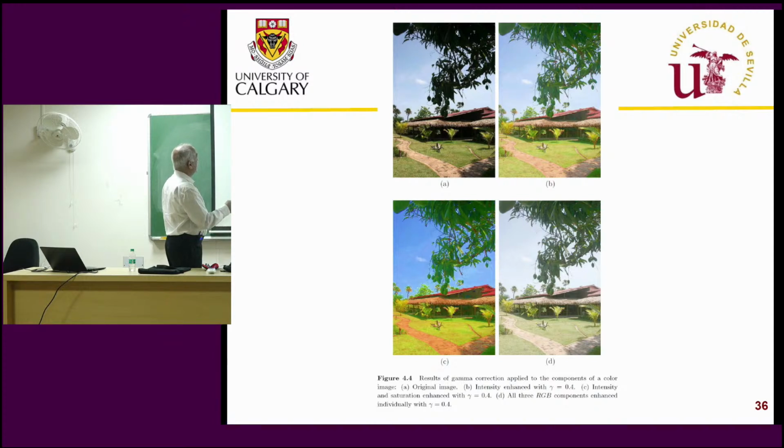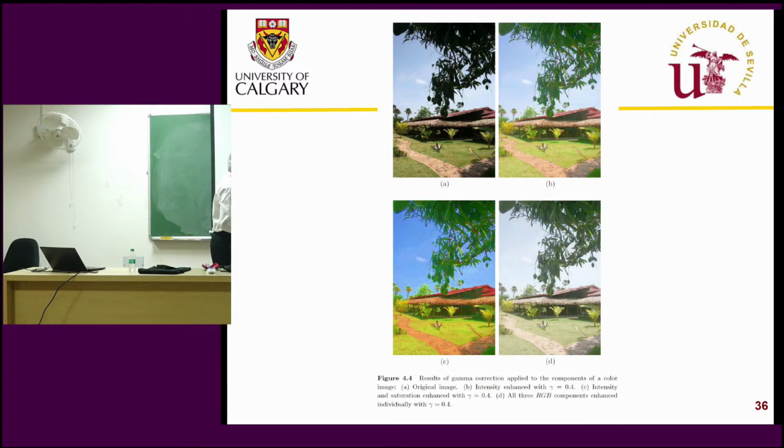So we want to enhance the color here and perhaps the contrast. Gamma correction applied to intensity only, with gamma equal to 0.4, is enough. You can see the mangoes with just the intensity correction. Oh, you can see the green here. The rest of the colors are natural colors. I didn't touch color. Okay.